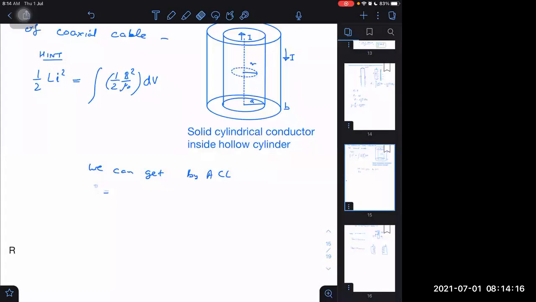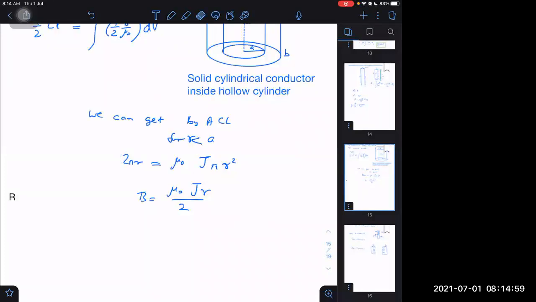So B into 2 pi r, for r less than a, is equal to, what is it equal to? Mu naught into J into pi r square, up to r only. Up to r only, what is the current enclosed? Then we get B equals mu naught into J into r by 2. That is B.